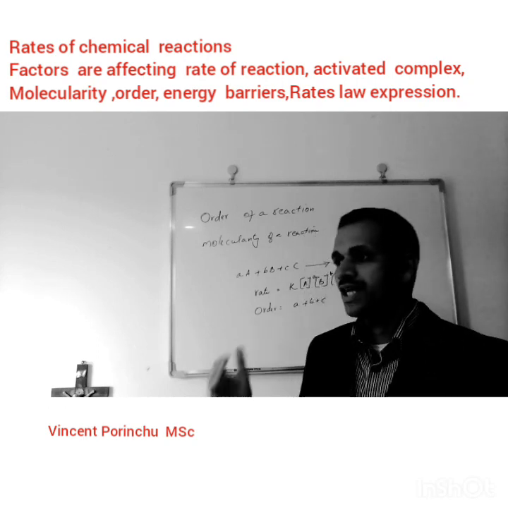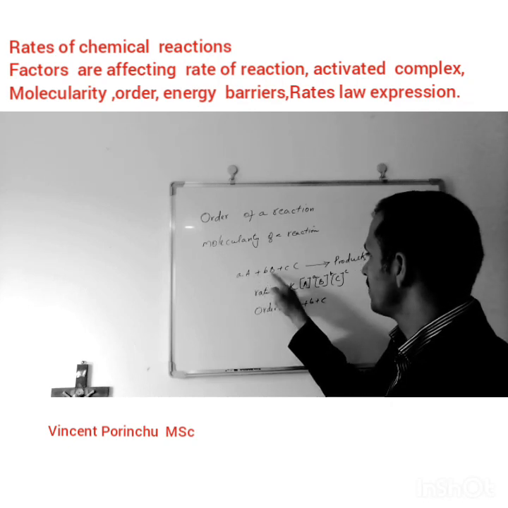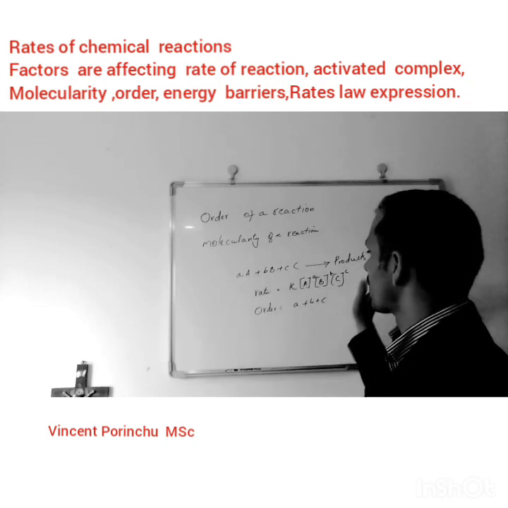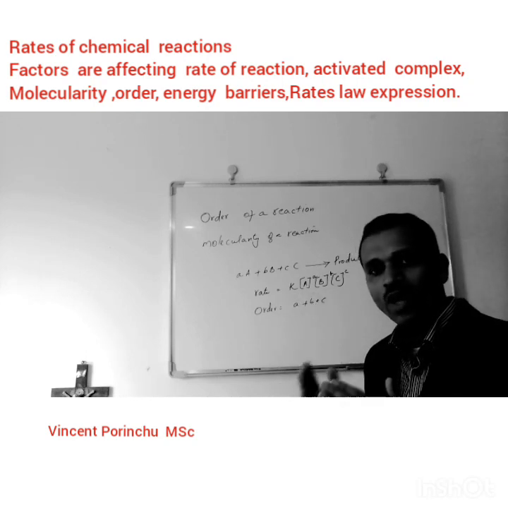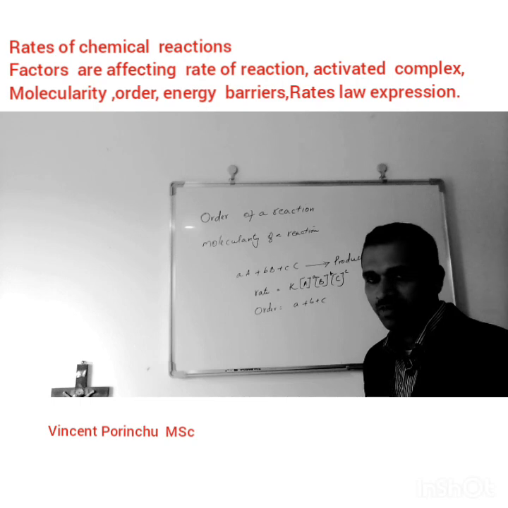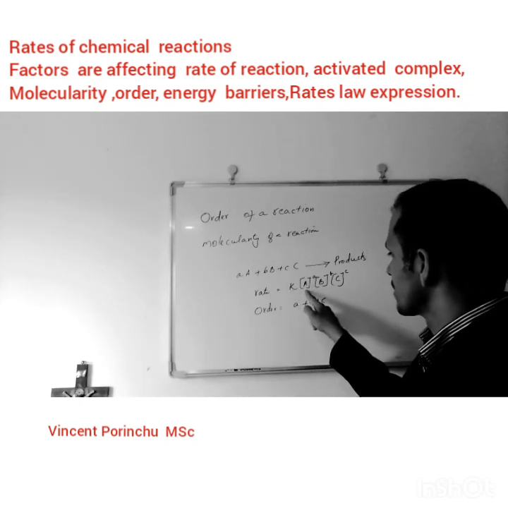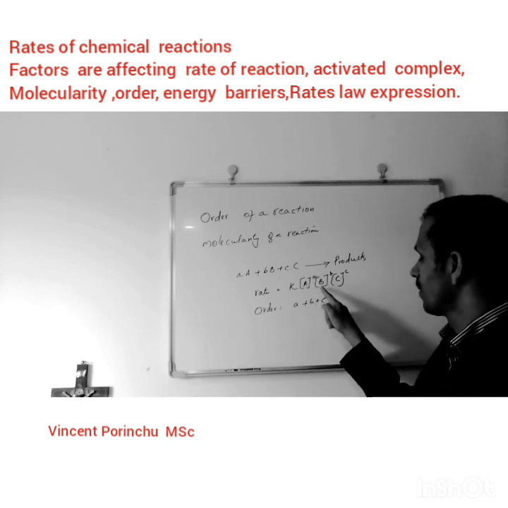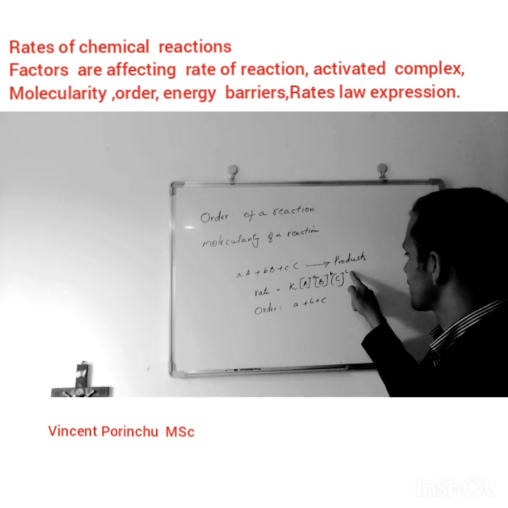When we take a general example like this, aA plus bB plus cC gives products. In that case, according to the rate law expression, rate is equal to k times the molar concentration of A to the power a, times the molar concentration of B to the power b, times the molar concentration of C to the power c.